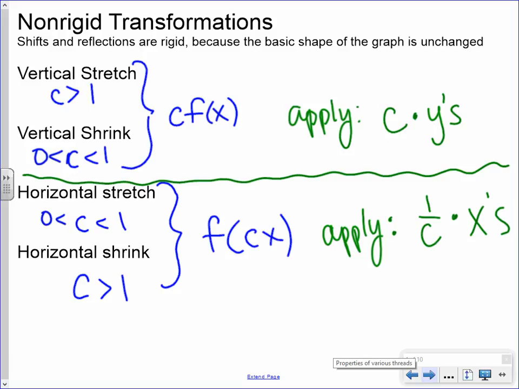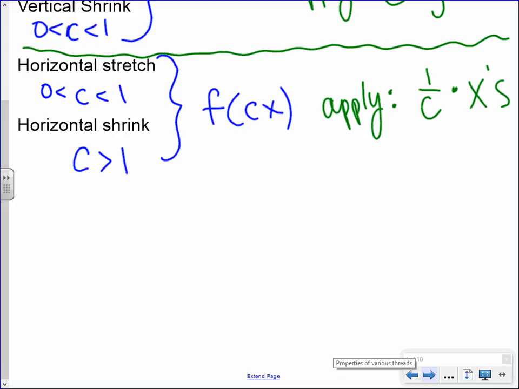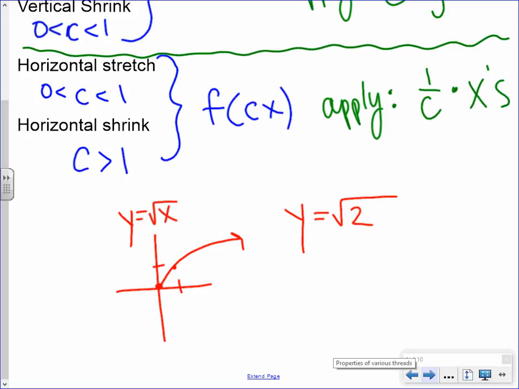Let me go to this square root graph over here. I'll write it on the board. This is our square root graph, right? So if we want y equals the square root of 2x, we have that C value on the inside. That's bigger than 1, so it's a horizontal shrink, right?